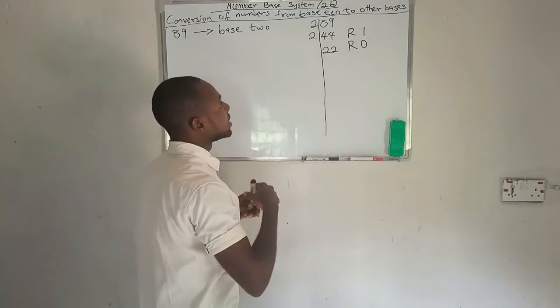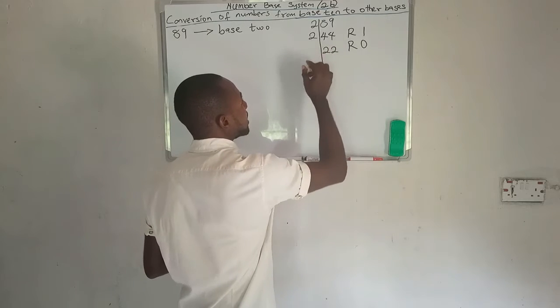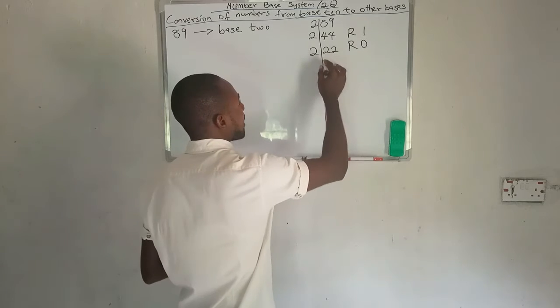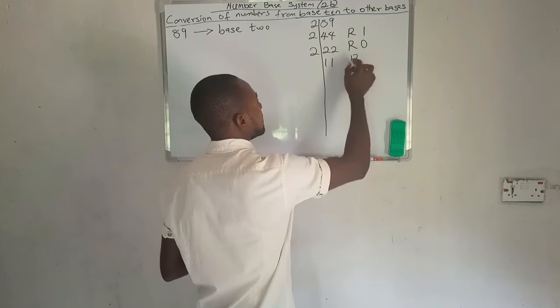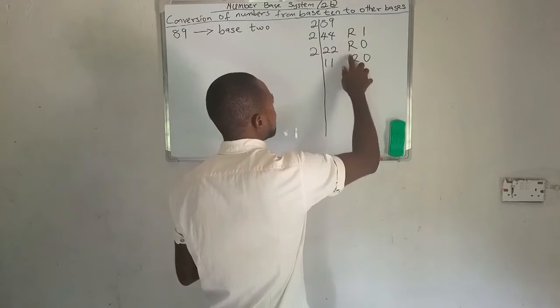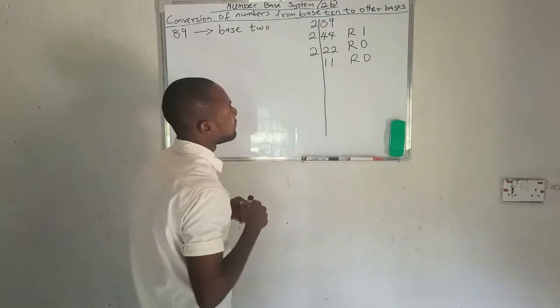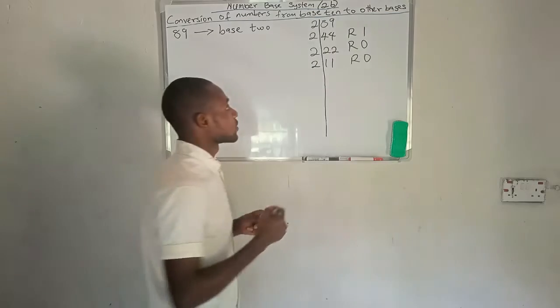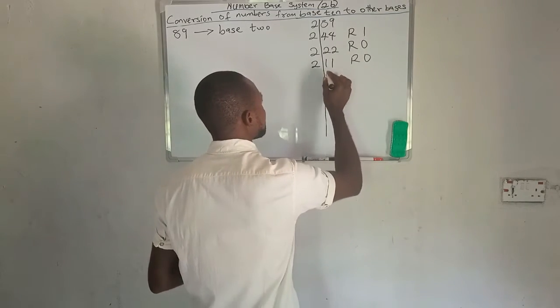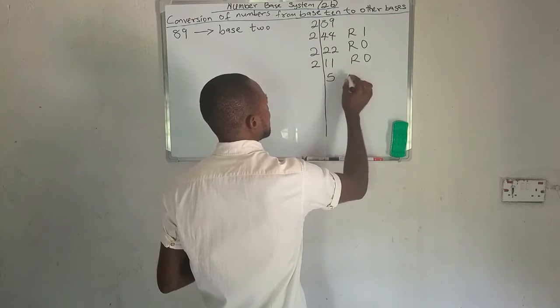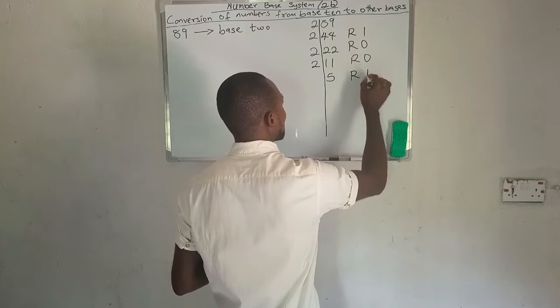Then we divide 22 by 2, we have 11, remainder 0. Sorry, this R is for remainder. And then we divide 11 by 2. 11 divided by 2 will be 5, and then we have remainder 1.